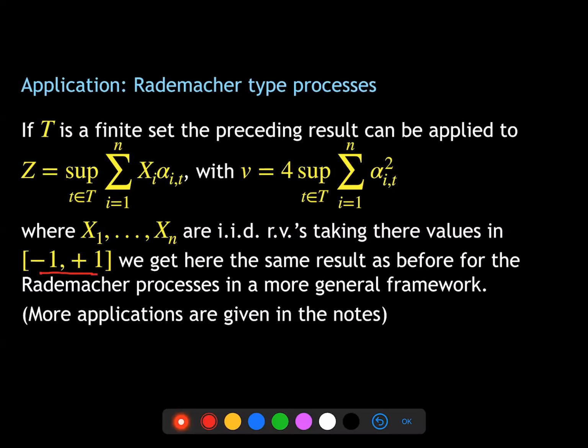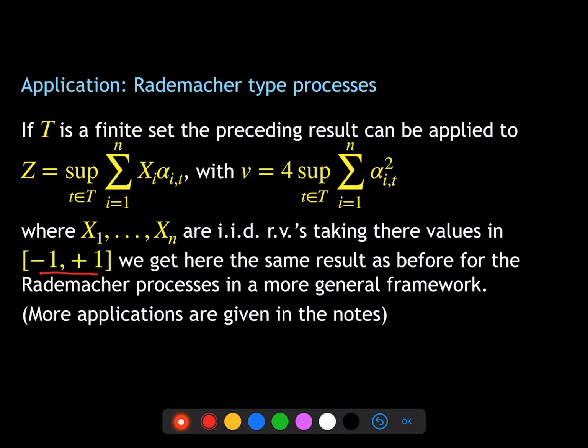Okay, so you have here a more general result with a variance factor which has the same shape as the one that we got for Rademacher processes, except maybe that we have lost an extra log 2 factor, but this is not a big problem. So more applications of that are given in the notes.